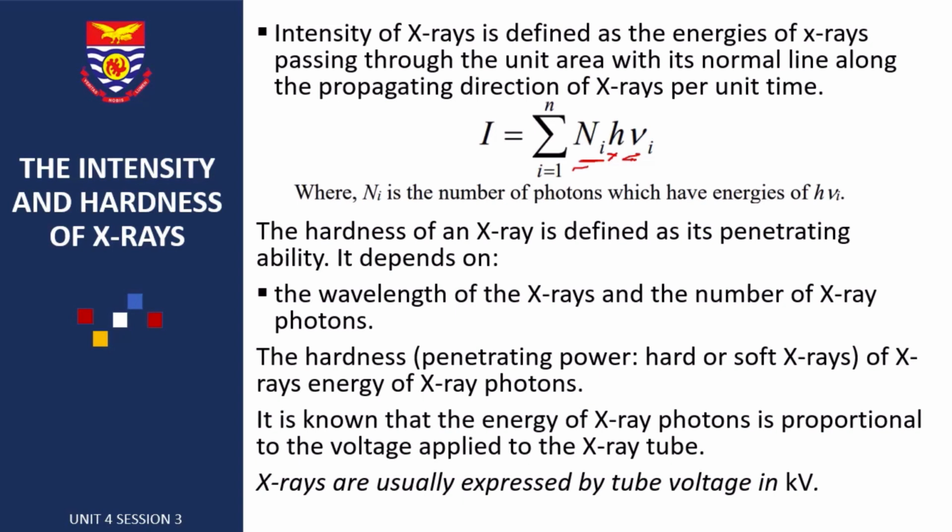The hardness of X-rays is always proportional to the energy of X-ray photons. It is known that the energy of X-ray photons is proportional to the voltage applied to the X-ray tube. Therefore, the hardness of X-rays is usually expressed in tube voltage in kilovolts.